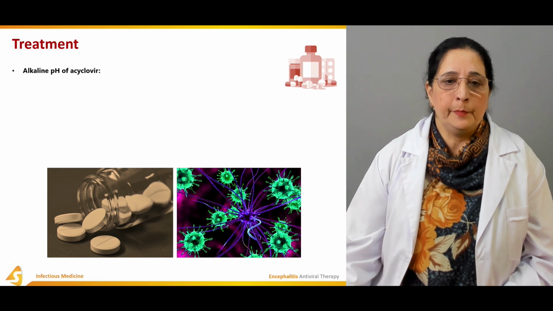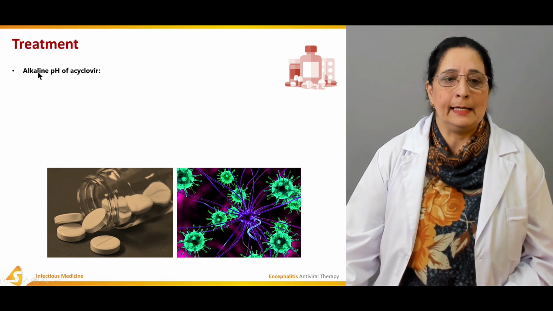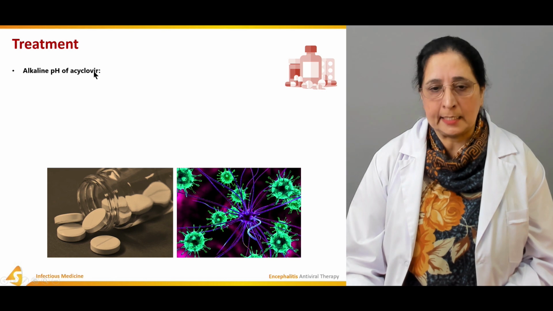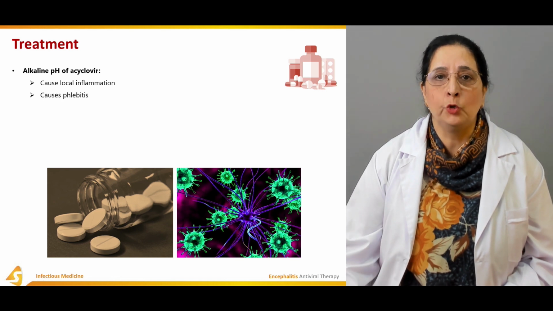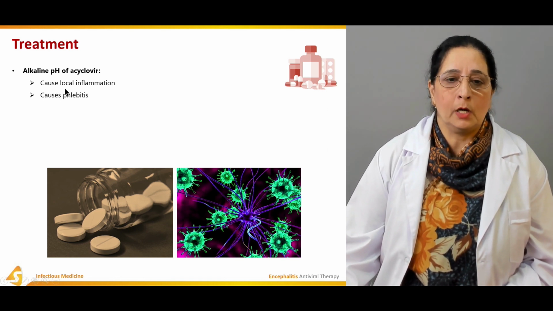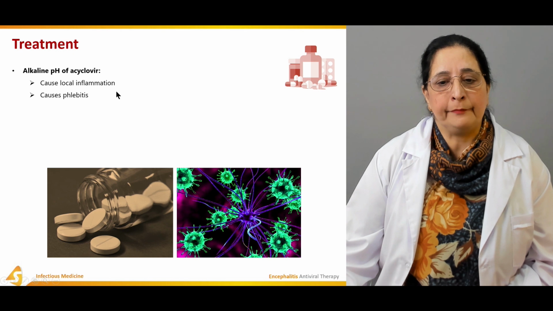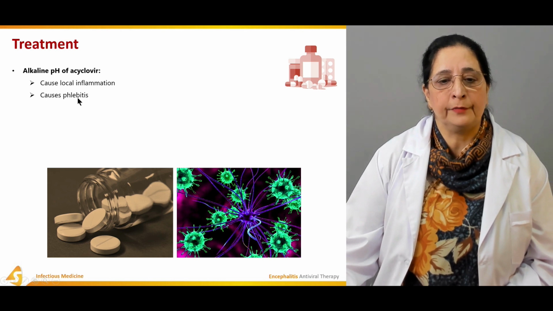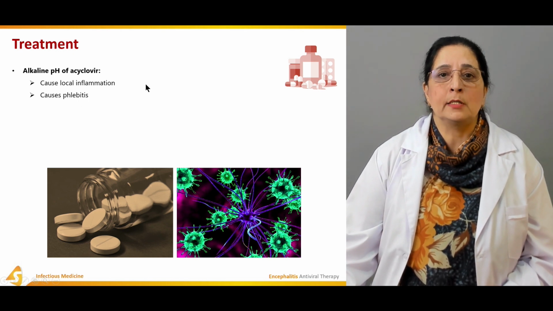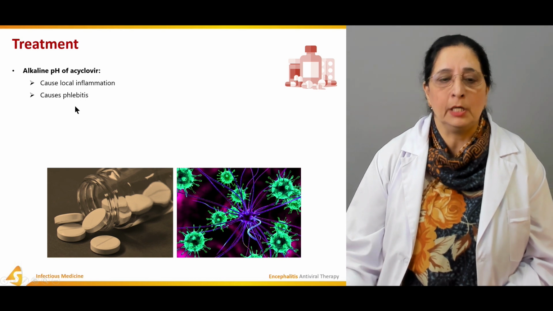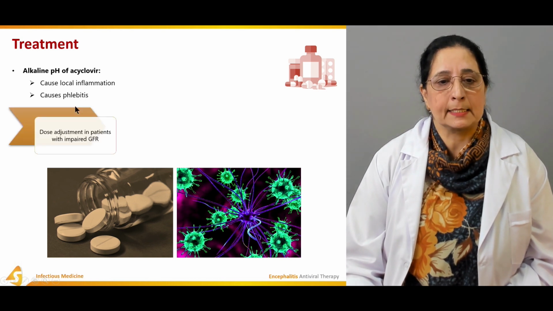Next, we have the alkaline pH of Acyclovir. What does it do? It can cause local inflammation and it can cause phlebitis, inflammation of the veins. So it can cause local inflammation and phlebitis.